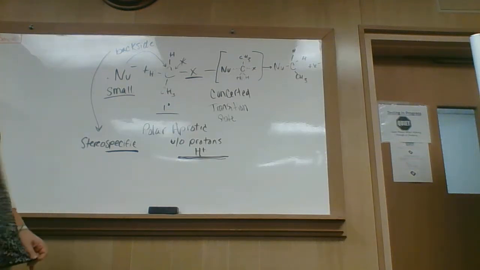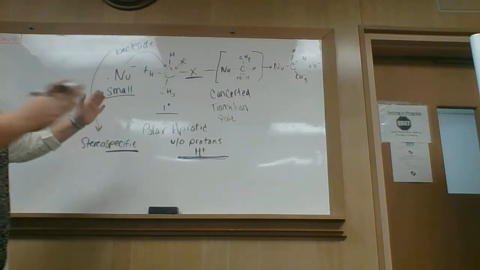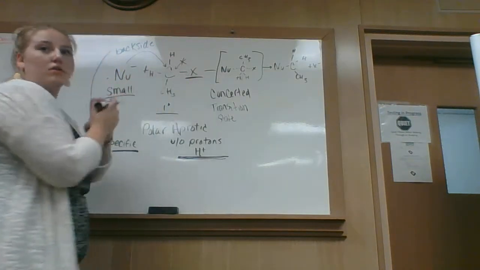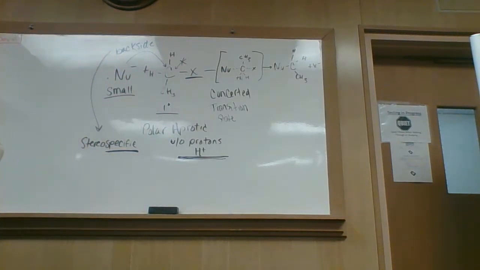If you guys remember absolute configuration, if I asked you to find the absolute configuration of this molecule here, how would you start? It's the first thing you have to do. Find out what's the heaviest. Good.